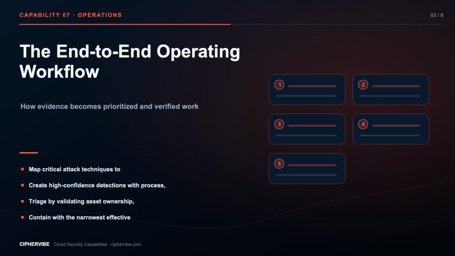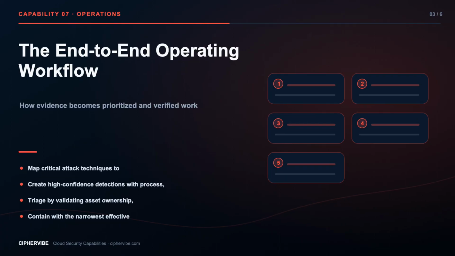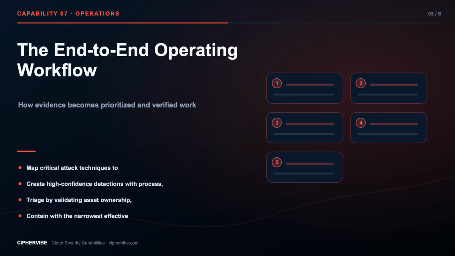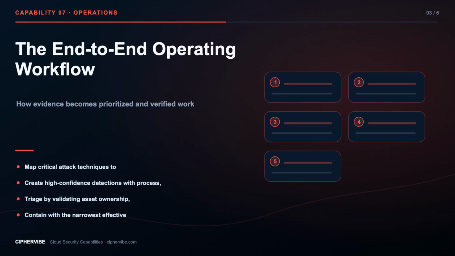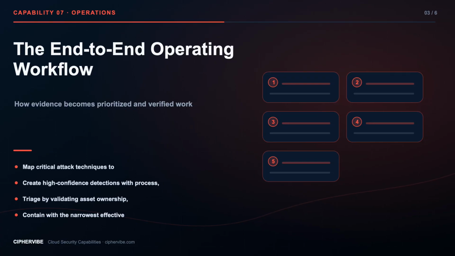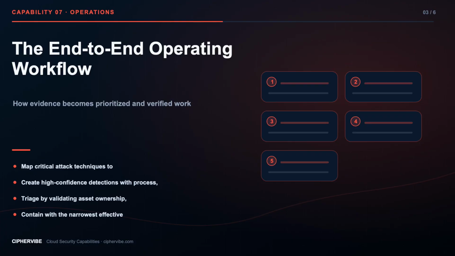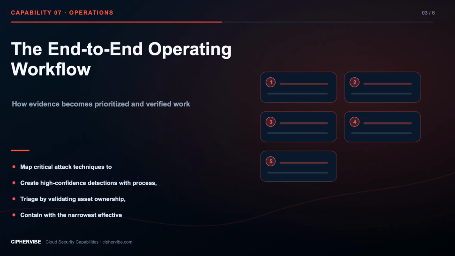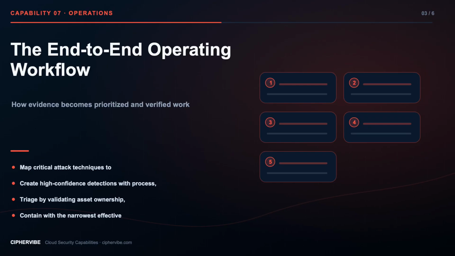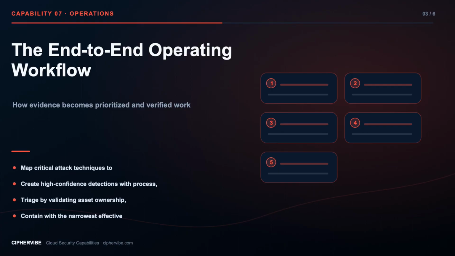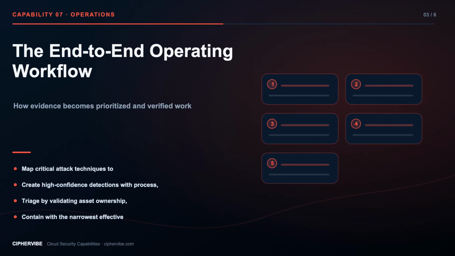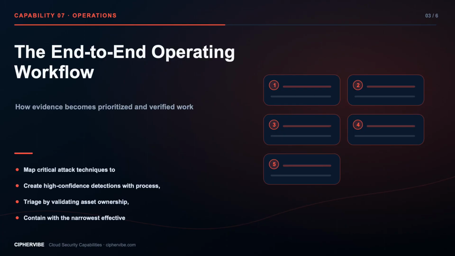Third, triage by validating asset ownership, exposure, expected behavior, related alerts, and recent changes. Fourth, contain with the narrowest effective action while preserving evidence and protecting control plane availability. Fifth, convert incident findings into new detections, harden defaults, tests, and preventive controls.